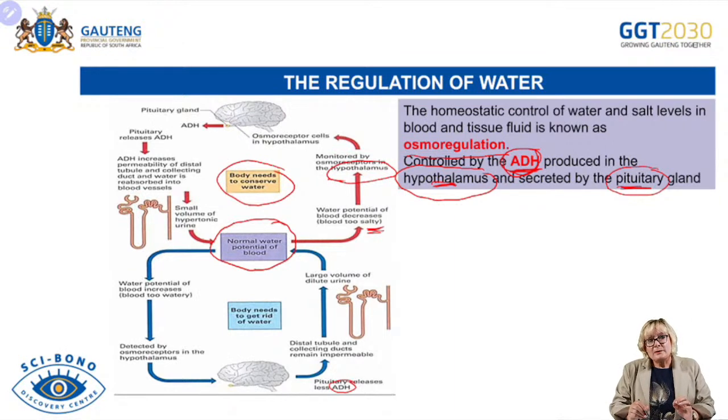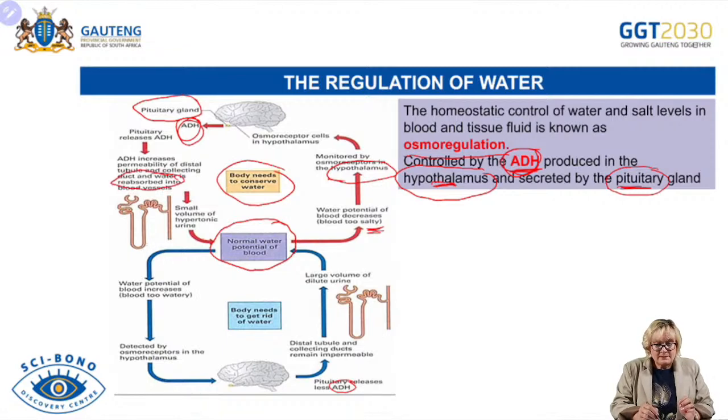And the hypothalamus is telling the pituitary gland to secrete or release ADH. And what will happen now? The permeability of the distal tubule and the collecting duct increases and water is reabsorbed.